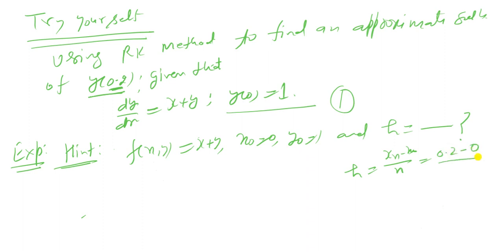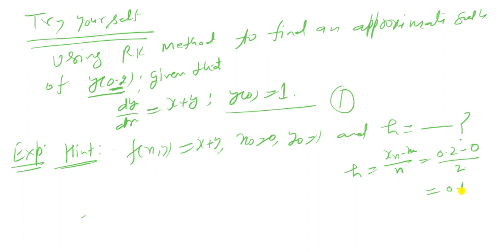If I take n = 1, then h = 0.2, and we obtain y at x = 0.2 in step 1 only. If we take n = 2, then we obtain h = 0.1.